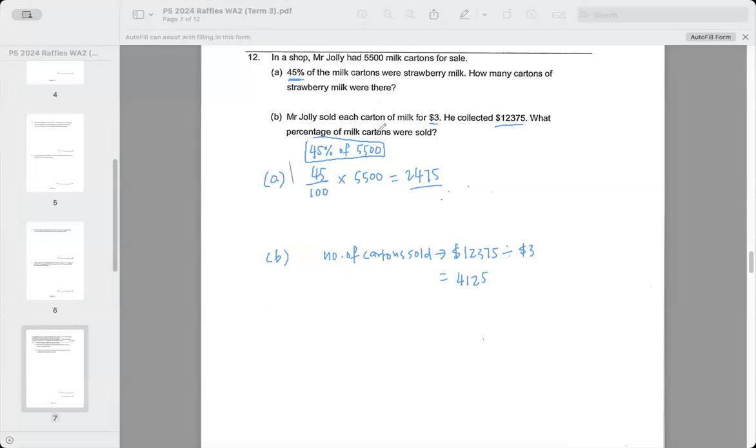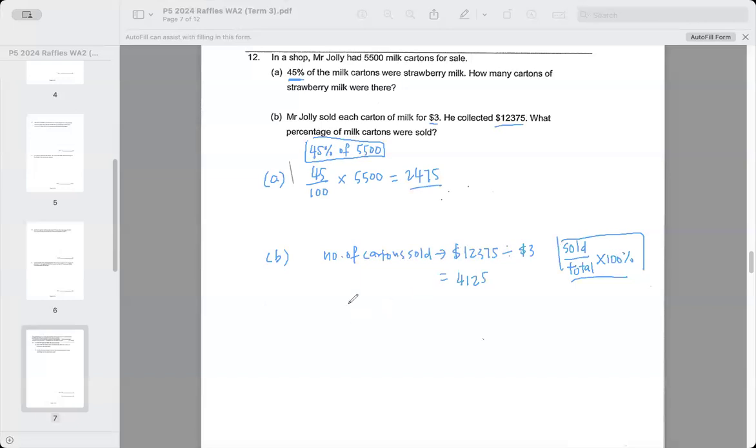But the question is asking what percentage of milk cartons were sold. So to find the percentage of milk cartons sold, this is just the formula I'm going to write here: sold out of the total times 100%. This is just the formula that we have to write down in order to get the answer.